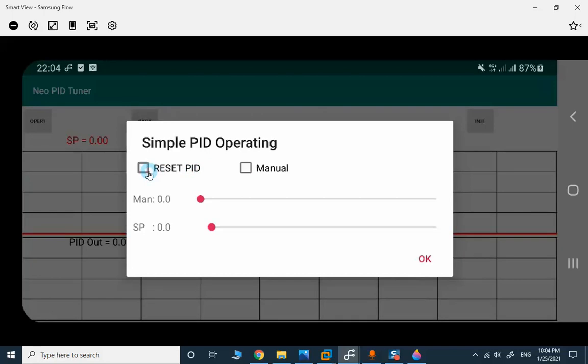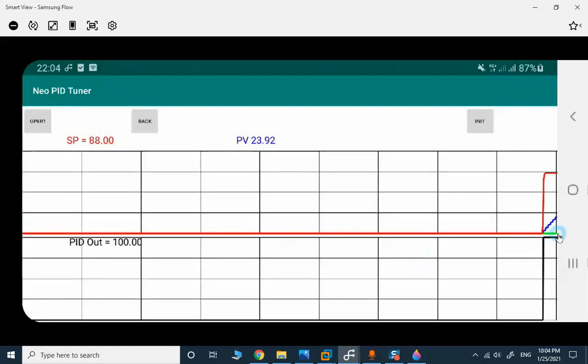First, I remove the manual mode, and I remove the reset state, and I change the set value, and we will see that we have the full opening on the control valve, and the process is reaching the set value, and the control valve is closing.